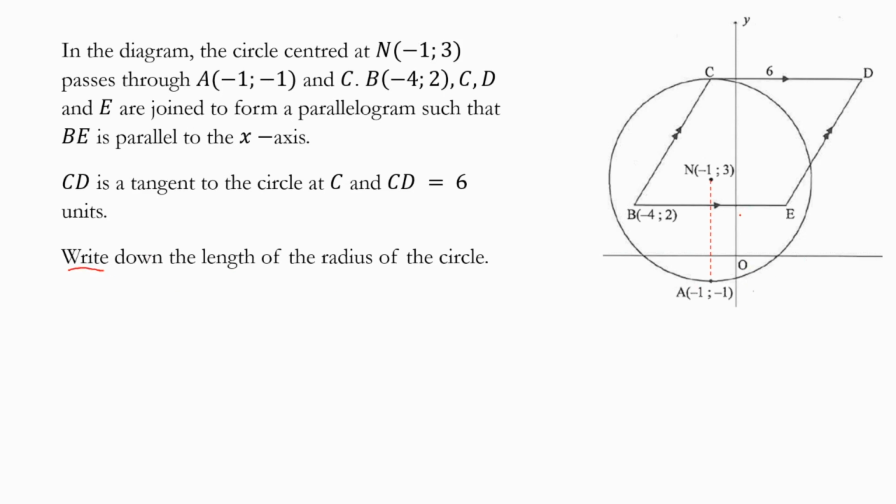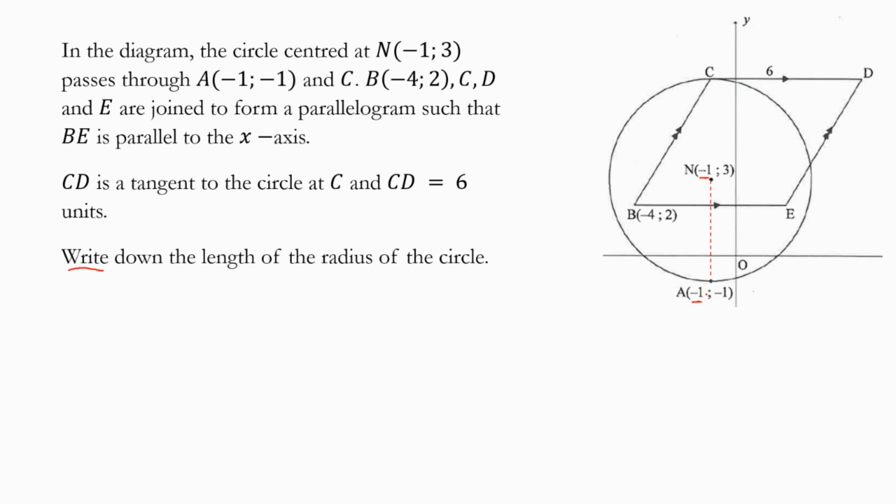We can just see that the x coordinate of N is -1. The x coordinate of A is -1. So this is a vertical line because the x coordinates are the same.